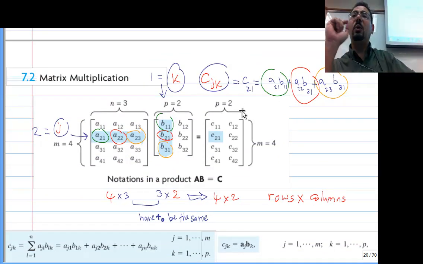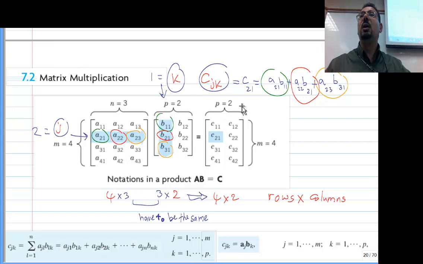I don't know about you, but when I was an undergrad, that was very confusing for me. I was always really worried that I would mix up the rows and the columns. But here's how it works. To start with, they don't have to be the same size.